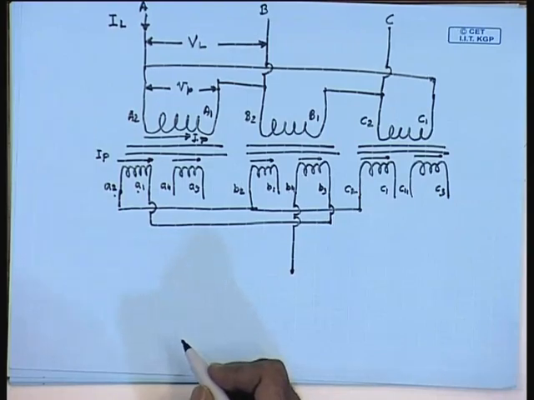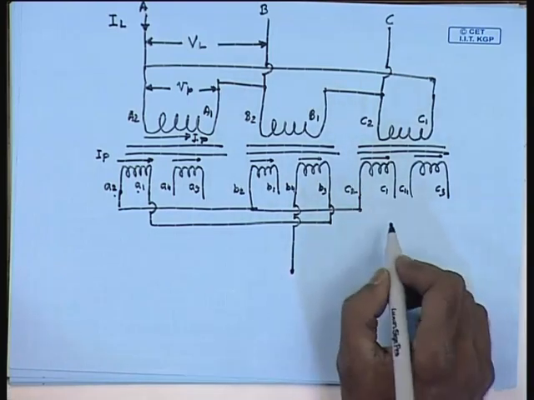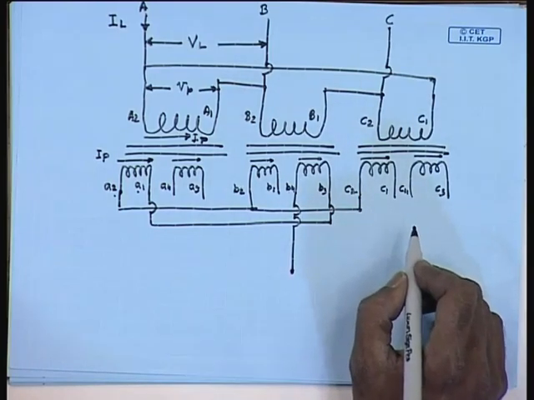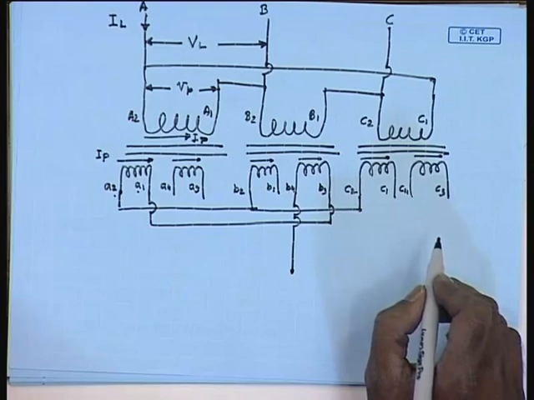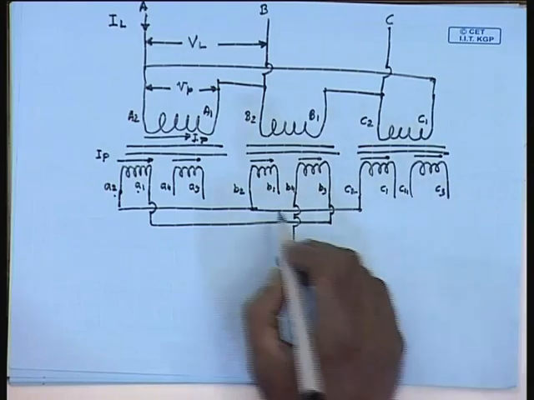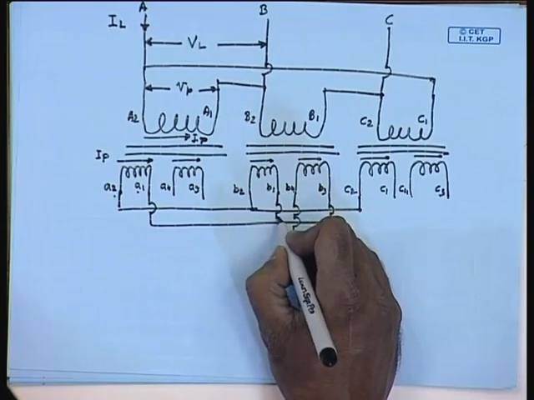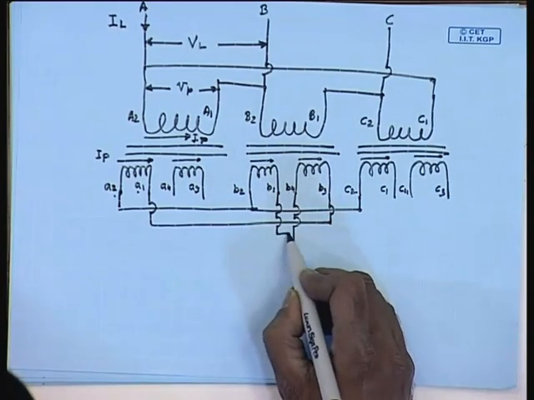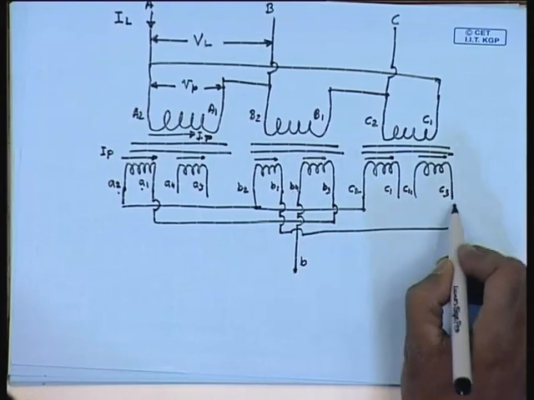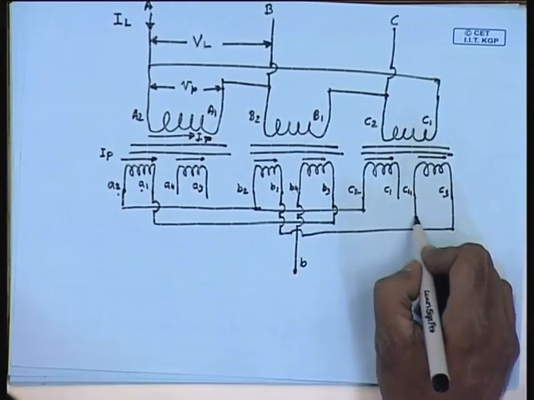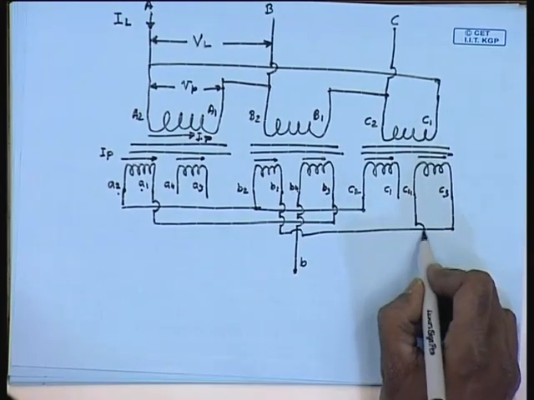Similarly, the terminal B1 is connected to C3. And the line C comes from C4.